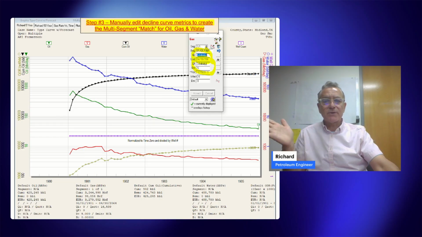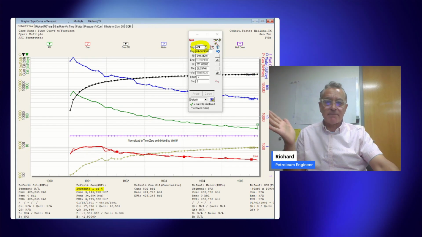Now you have to edit it by hand, in terms of the initial production rate, the initial decline, and then put together a segment. This is for the gas, and I've highlighted it here in yellow. There are 4 segments that have been put together to generate this match on the production for those normalized 22 well bores.